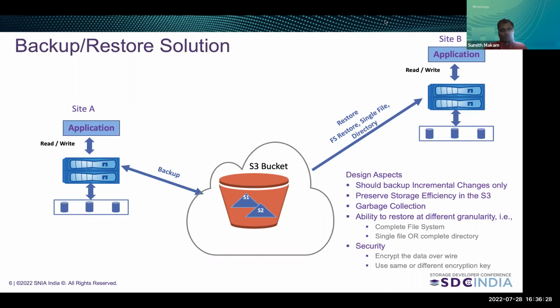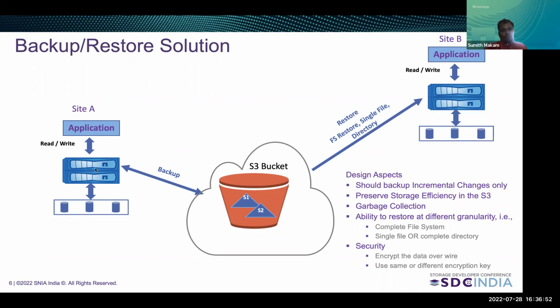As with any backup solution, data will be backed up at regular intervals, and only incremental changes will be backed up. Again, data on this primary node would have been deduplicated and compressed, so a lot of storage efficiency could have been achieved on the data that is written on this node.